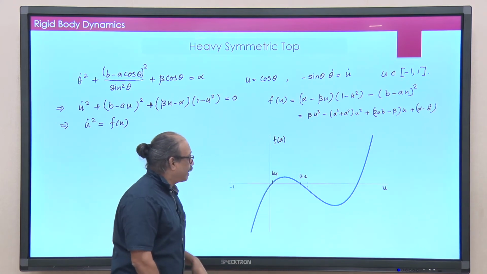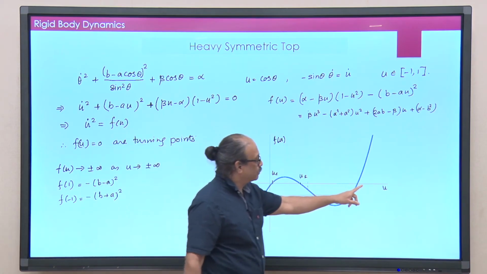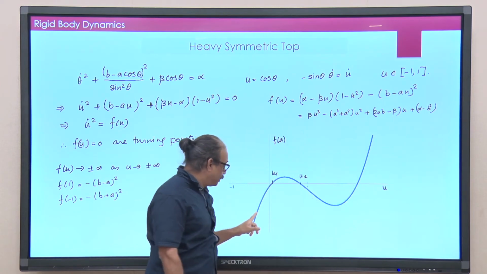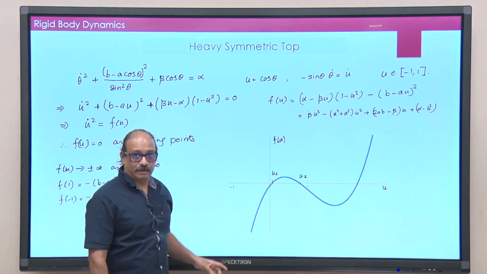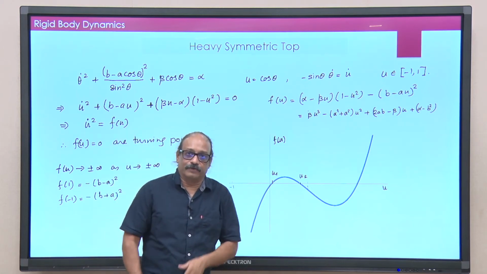That means, as u goes to positive infinity, f of u must go to positive infinity, and as u goes to negative infinity, f of u also goes to negative infinity.